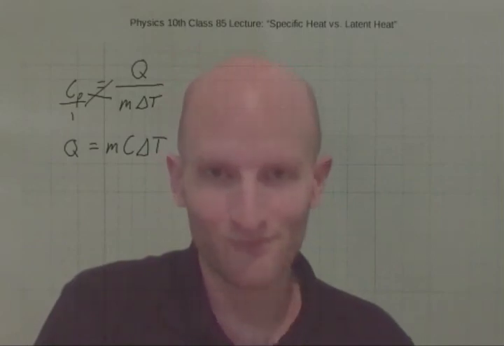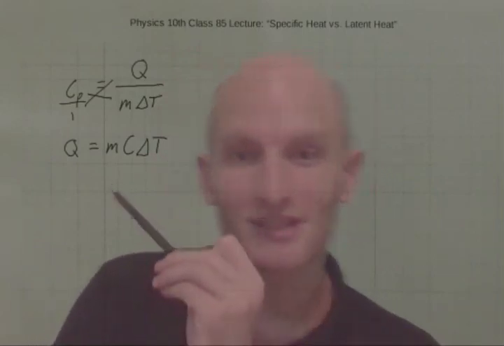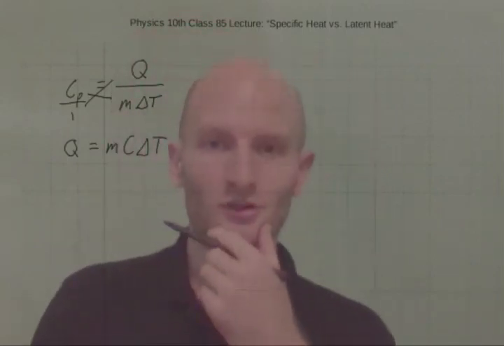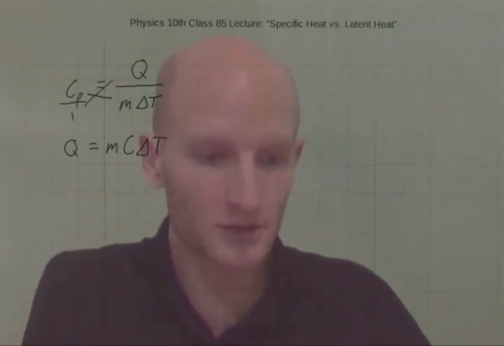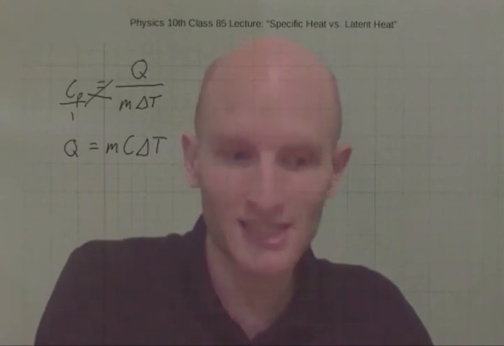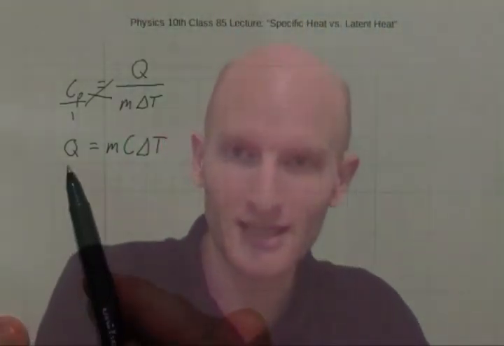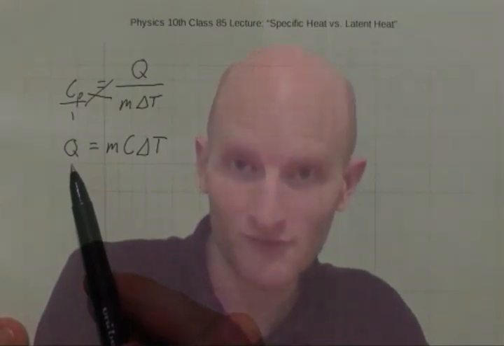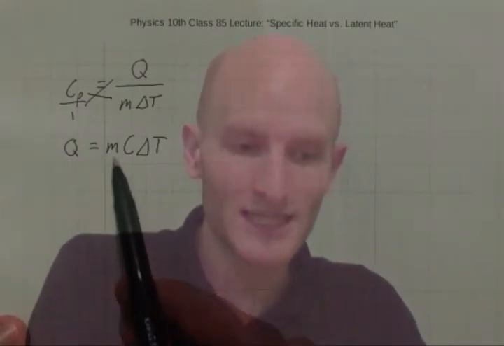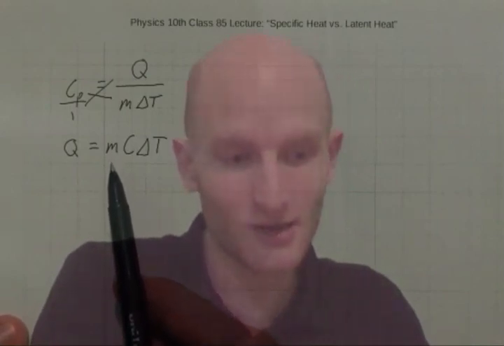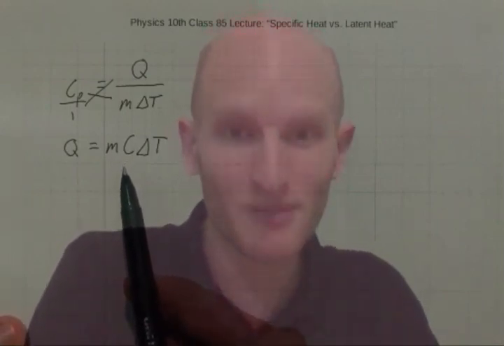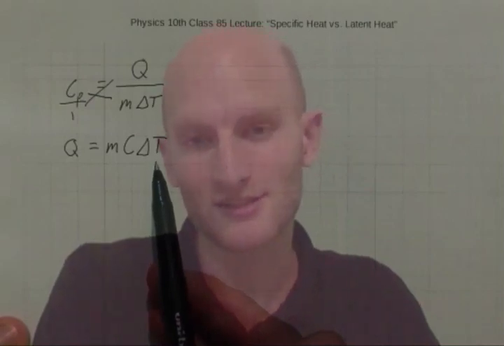Okay, now let me give you a tiny introduction to this formula, and then we're going to look at the other formula. What is this for? Well, as a review, this is describing, wow, my video right here is really slow. This is describing the amount of heat energy required to change the temperature of a certain mass of a substance according to its specific heat capacity by a certain amount of degrees Celsius or Kelvin.